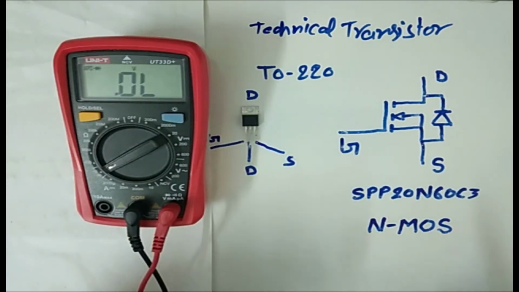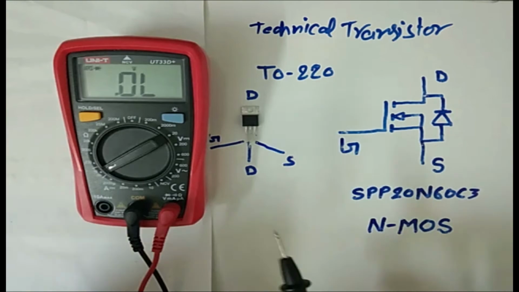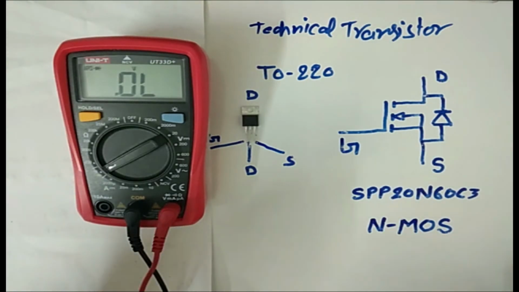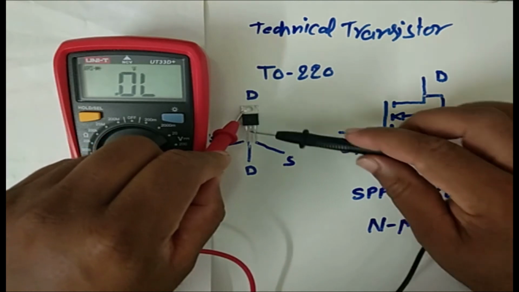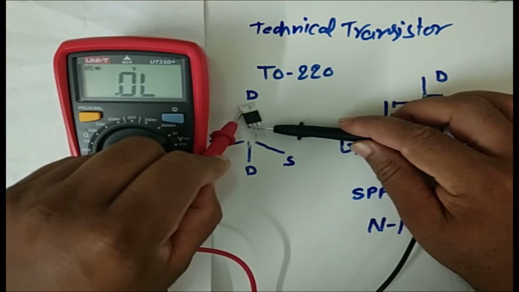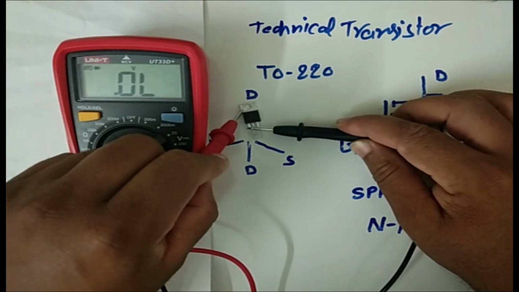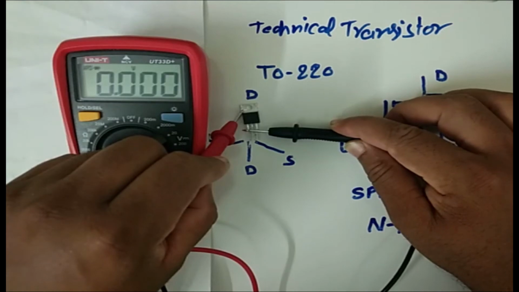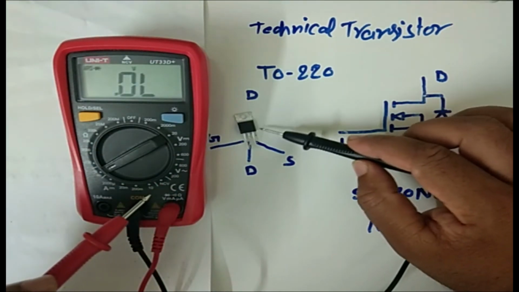Now, right now the MOSFET is in the on condition. To get it off, we can do one thing. We will short all its 3 pins by the multimeter lead. In this condition, the MOSFET should be off.